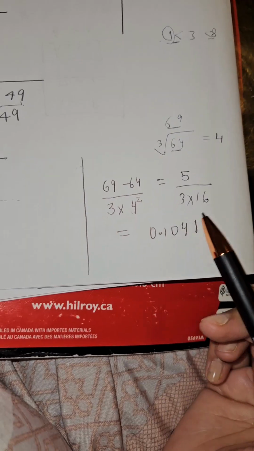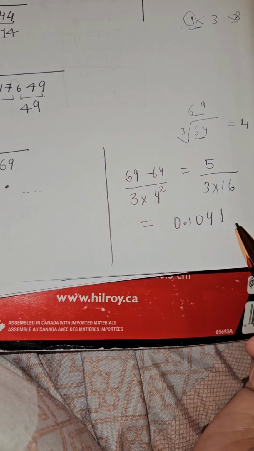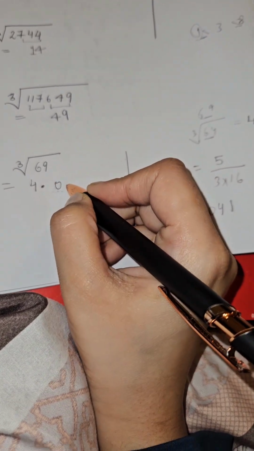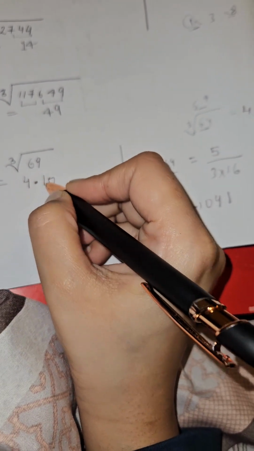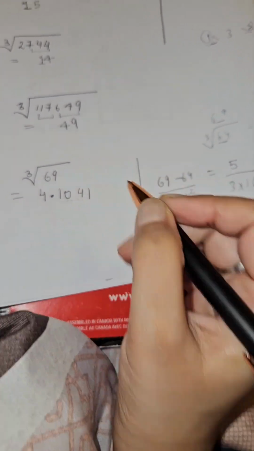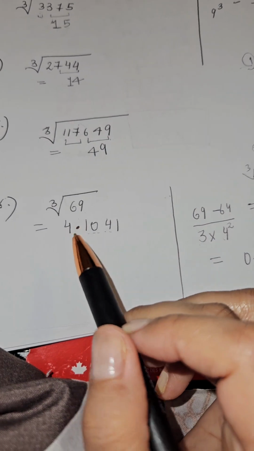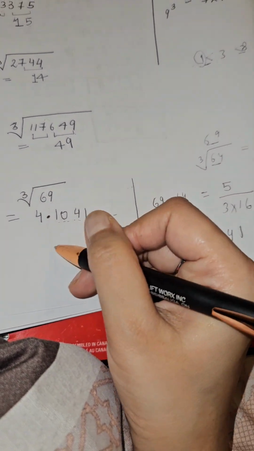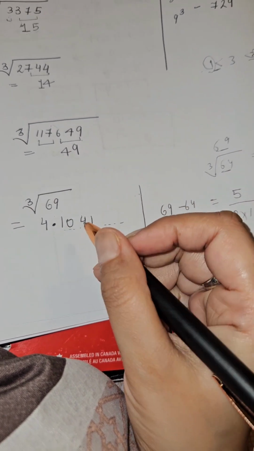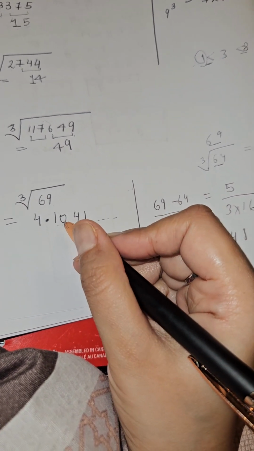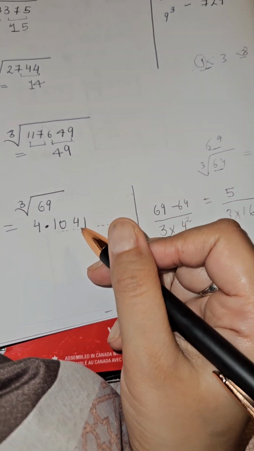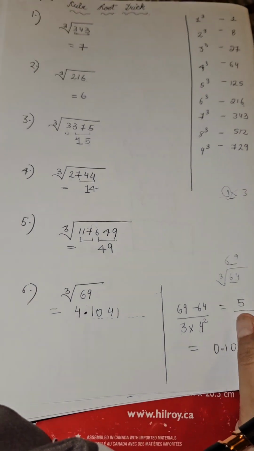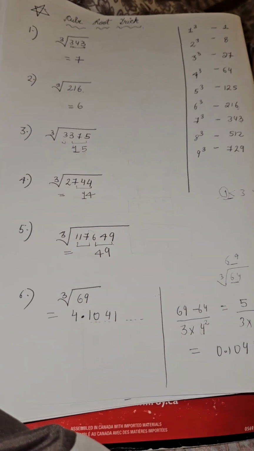So it becomes 0.1041. So the answer for the cube root of 69 is about 4.1041. It's an approximate number. After the first one or two decimal places, digits may vary. It's an approximate answer.